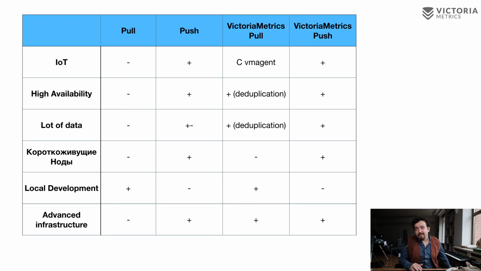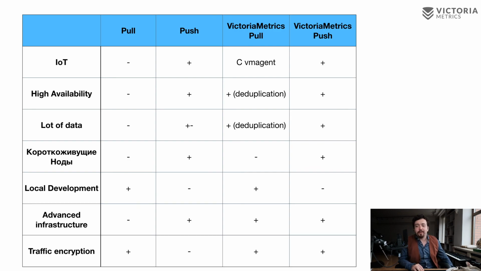Actually, you can pull, but it will be a huge load on operational engineers or SRE engineers. Probably you need to switch to push, or switch to VictoriaMetrics push and pull, because you probably want to combine both of those systems if you have anything more advanced.